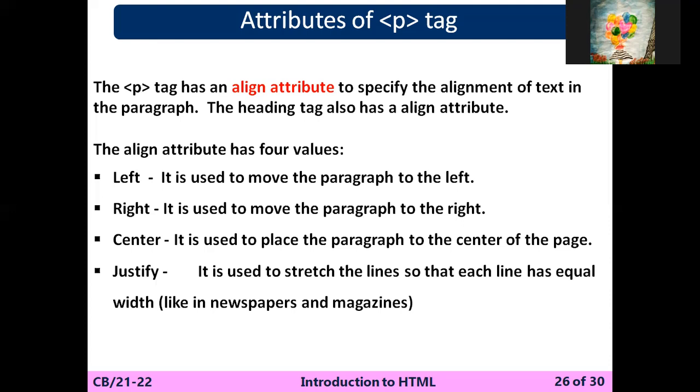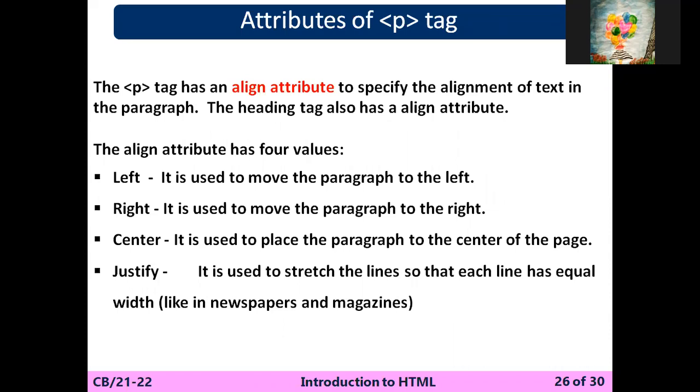Okay, so why are we using a P tag? P tag is for the paragraph. If you want to add a new paragraph in your web page, at that time you have to use a P tag. The P tag has one attribute, that is the align attribute. Align means which side the paragraph will be.